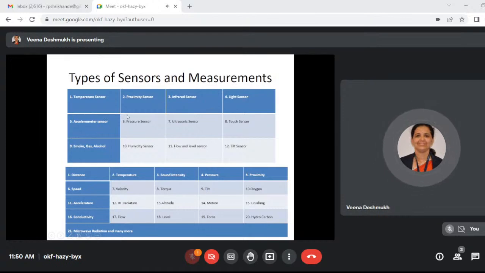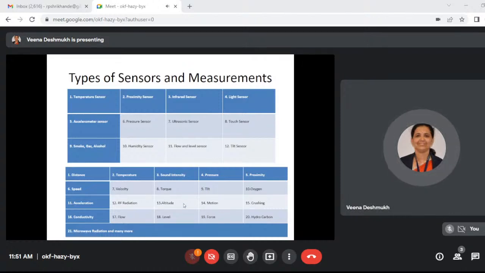Indirectly, these can be used for measurement of temperatures again. So accelerometers or smoke, gas, alcohol sensors come under the chemical sensors. Pressure sensor, ultrasonic sensor, touch sensor, humidity sensor, flow and level sensors. These are a few of the names of these sensors.